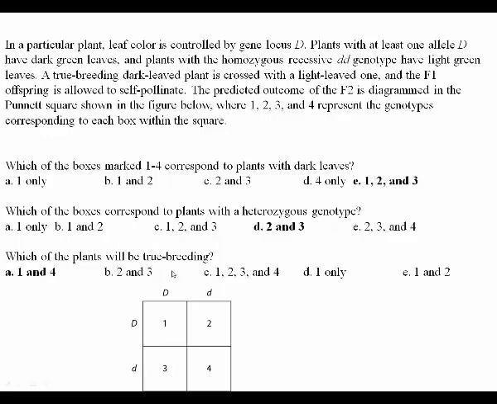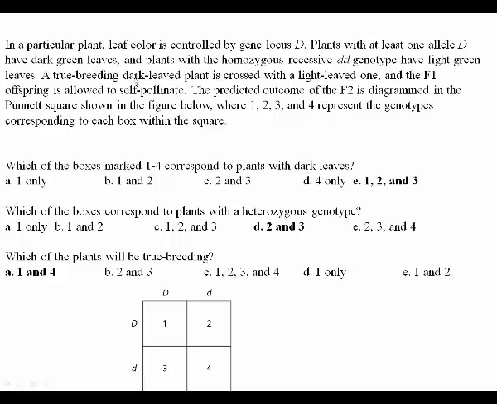So you've had a chance to look through the question. In a plant the color of the leaf is controlled by a gene, and the word locus means location or a spot on a chromosome. But we're going to call this gene the D gene. One allele, big D, has dark green leaves, so that means that dark green is dominant. A plant that is homozygous recessive with the two little alleles have light green leaves, which means that light green is recessive.